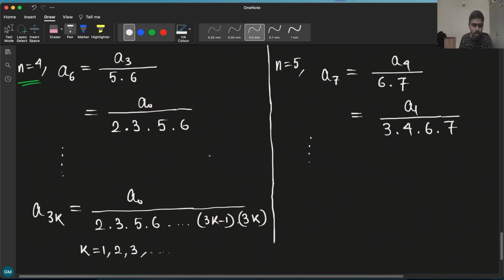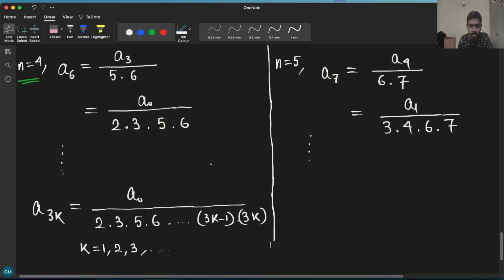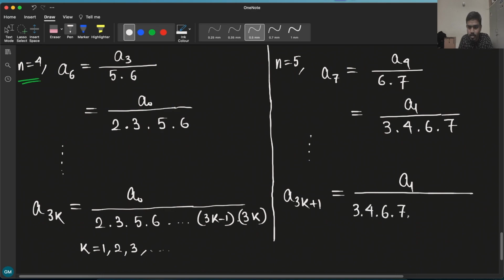Here the kth term will be like the k plus 1th term, so it is a6 and a7, so it will be a of 3k plus 1, and it will be a1 divided by 3 times 4 times 6 times 7 ... multiplied with 3k times 3k plus 1, right?